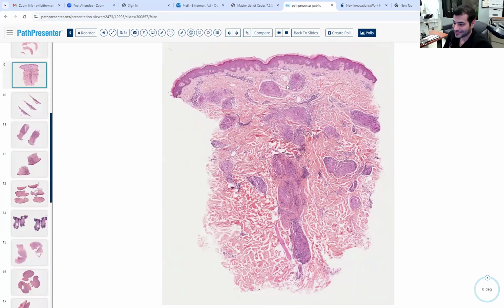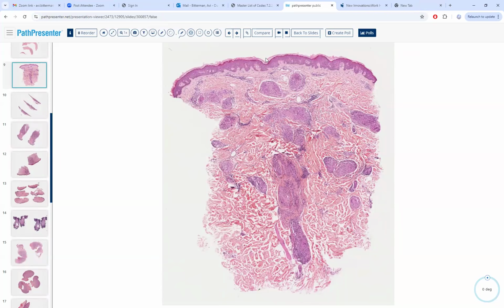What about this? I see granulomas. They appear kind of isolated or naked. They're naked, yes.